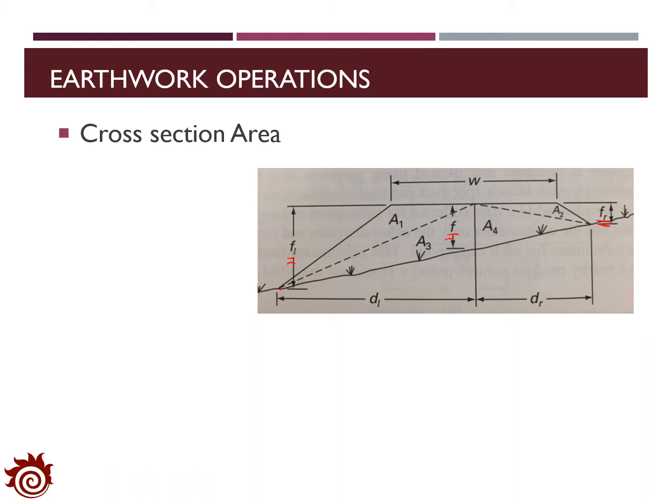And also we have to measure the distance from the initial point to the middle point of the pavement as dl, and the distance from the middle point to the end point as dr. Similarly, the width of the pavement surface is set as W. With that, the area of this cross-section can be estimated by the equation here.